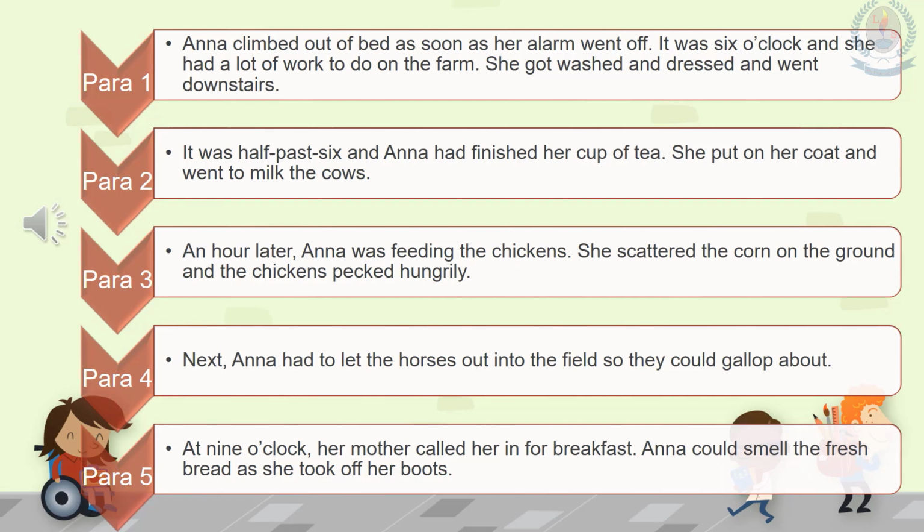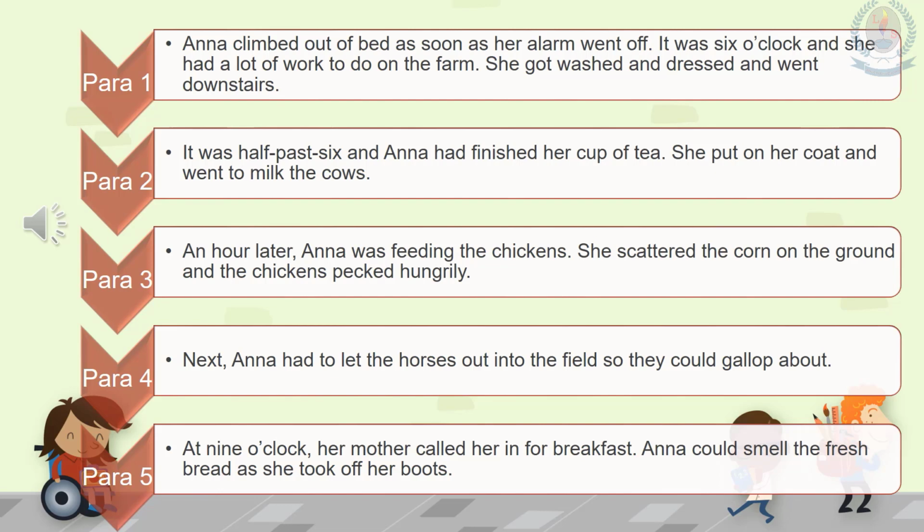So we'll move on to paragraph 3. An hour later, Anna was feeding the chickens. She scattered the corn on the ground and the chickens pecked hungrily. So there it continues what Anna did.